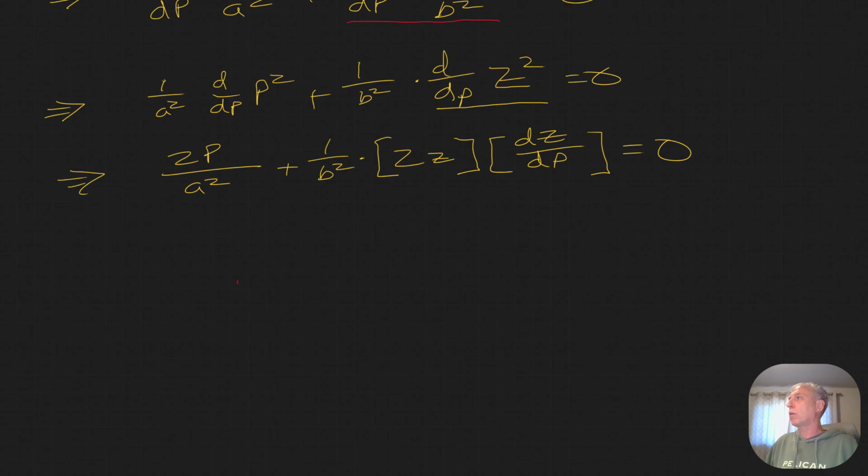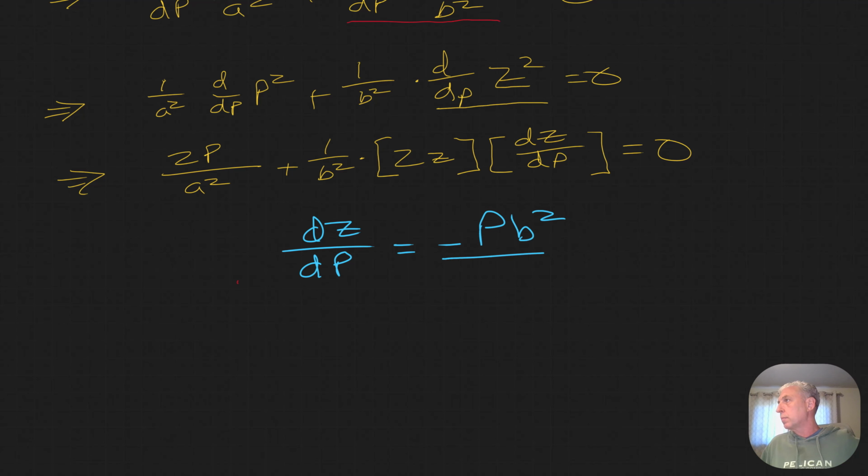If we solve all of this, we can solve for dz/dp, which is the implicit differentiation part, and we get dz/dp equals minus p b squared over z a squared.